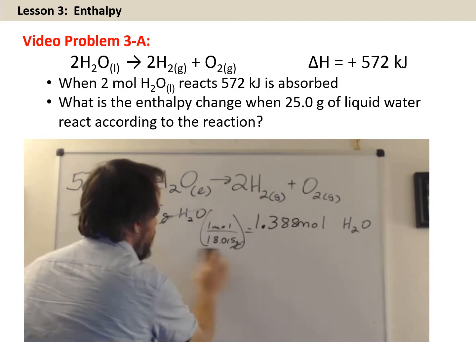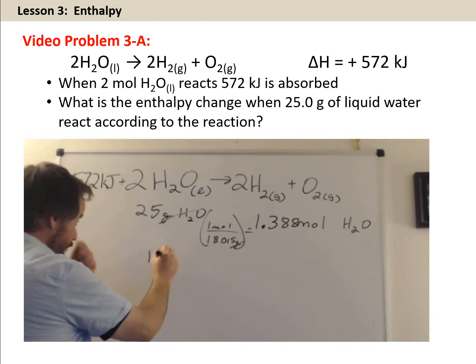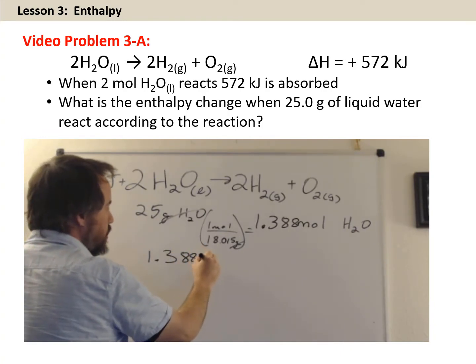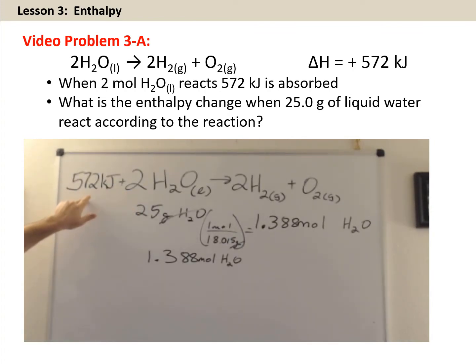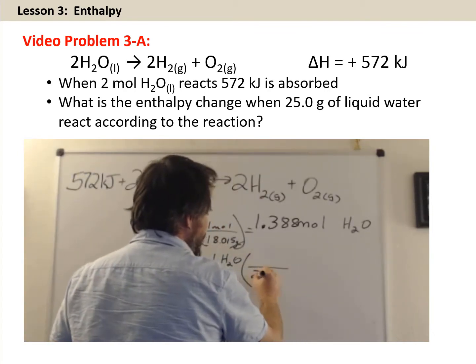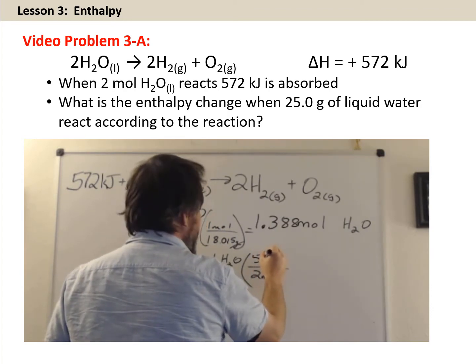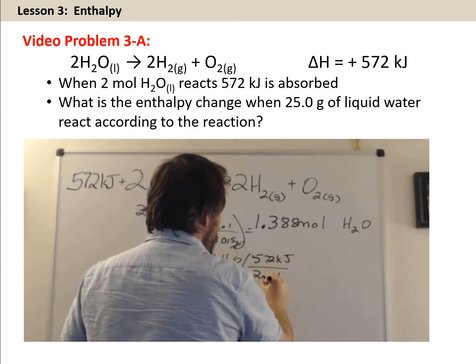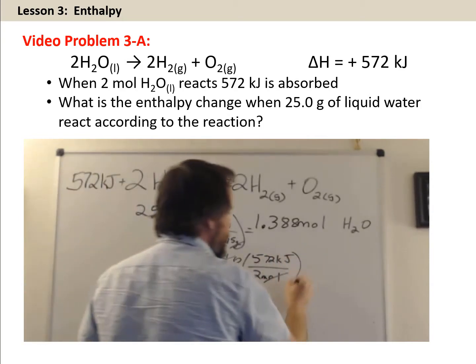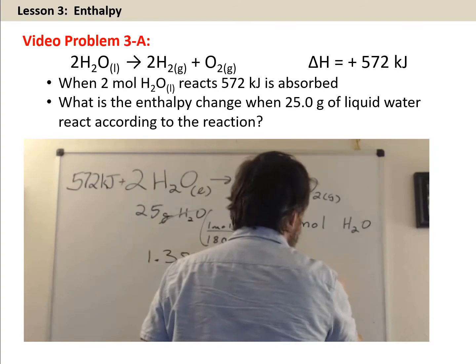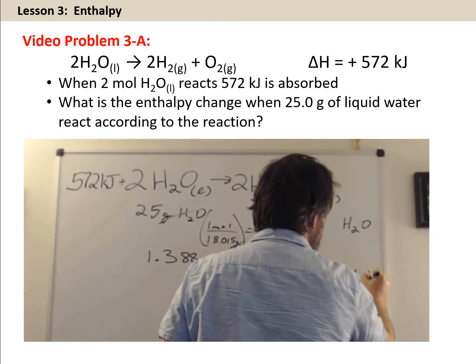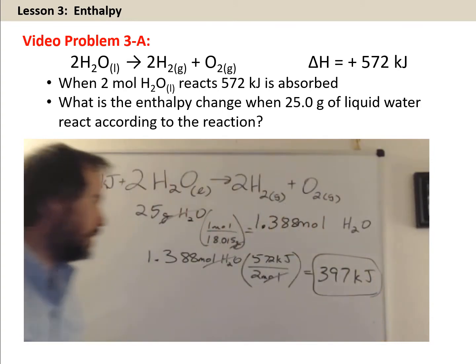So now, if I have 1.388 moles H2O, what this tells me is for every 2 moles, I need 572 kilojoules. The moles are going to cancel out, and that's going to give me the number of kilojoules. In this case, 397 kilojoules of heat are required.